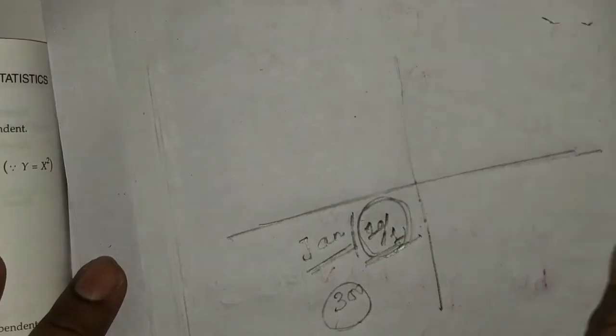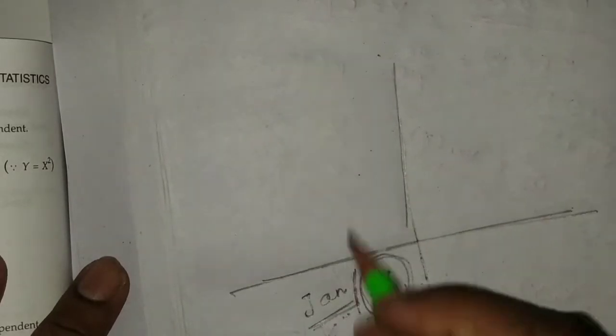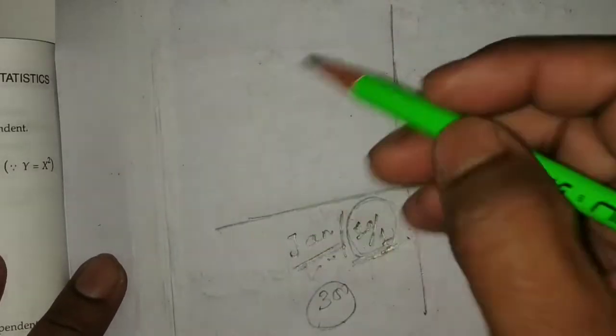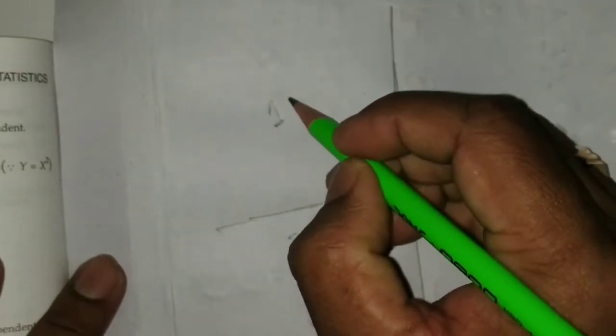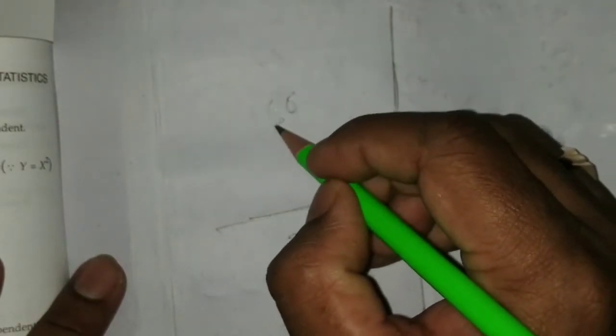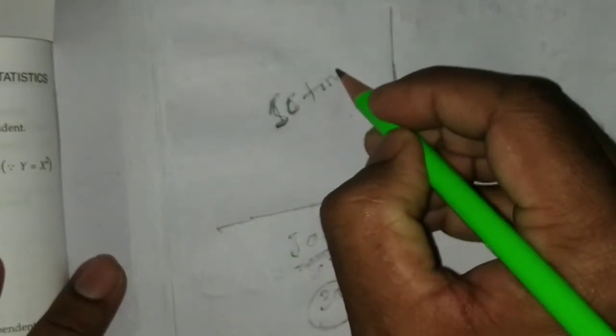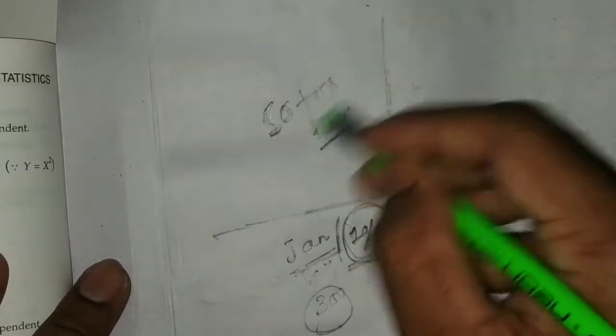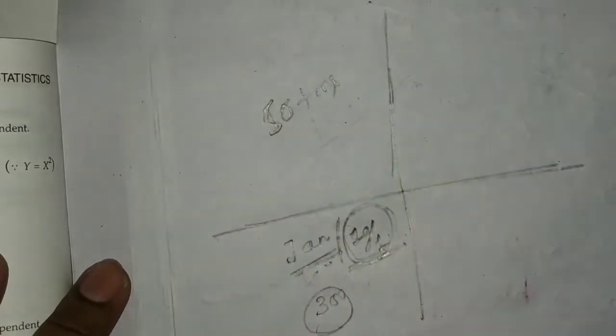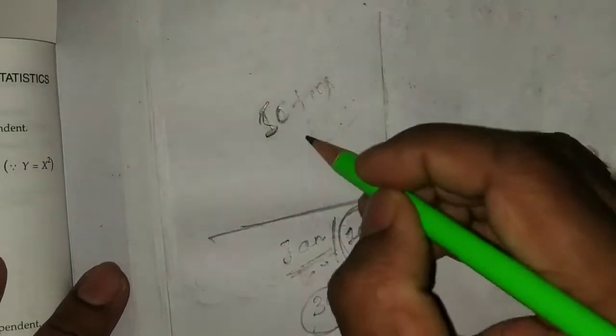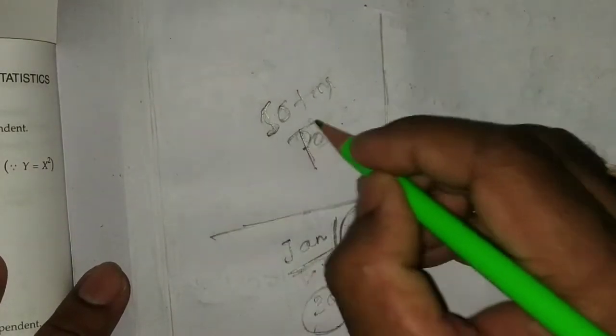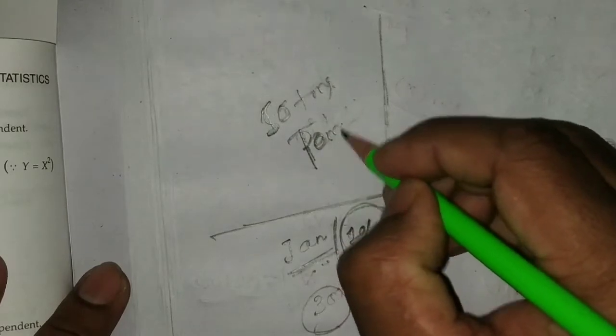And you just consider in this January month the agricultural production. Suppose agricultural production is 50 ton of rice, or you can consider potato, or tomato.